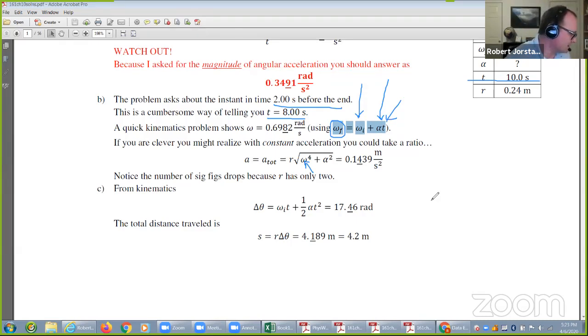Look carefully at parts A, B, and C. If we had said it's going the other way, you should still get the same magnitude of alpha, the same magnitude of A total, and the same distance traveled. It might be traveling in a different direction, but in this particular case, it should all work out. So that's why I asked for the magnitudes, because then we don't need to know the rotation direction. That was clever.